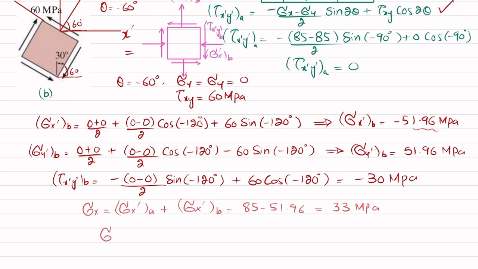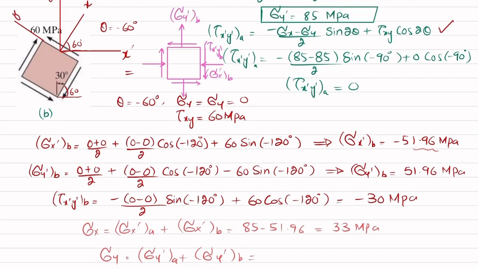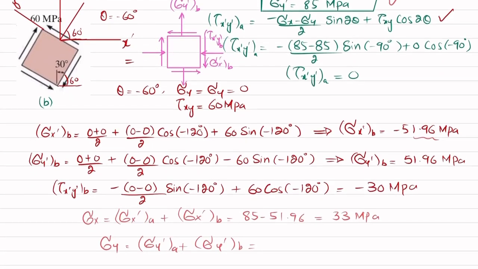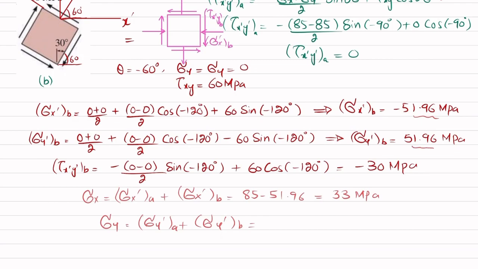Similarly, sigma y will be equal to sigma y dash for case A plus sigma y dash for case B. For case A it is equal to 85, and for B it is 51.96. So 85 plus 51.96 will give you 137 megapascal.